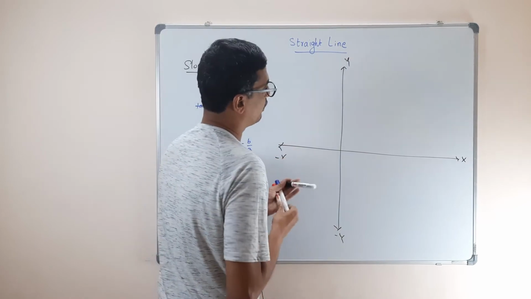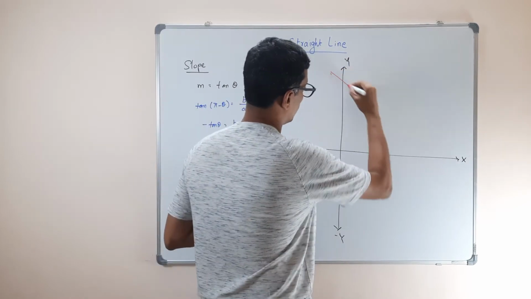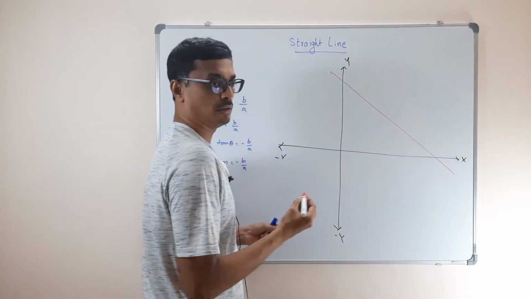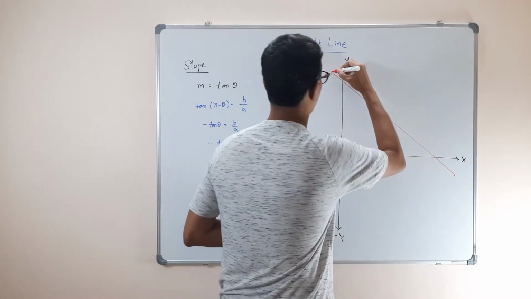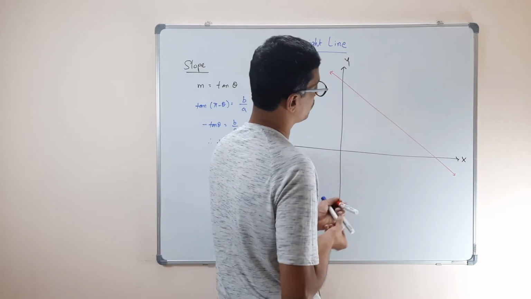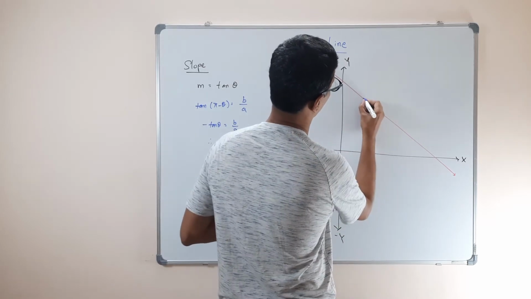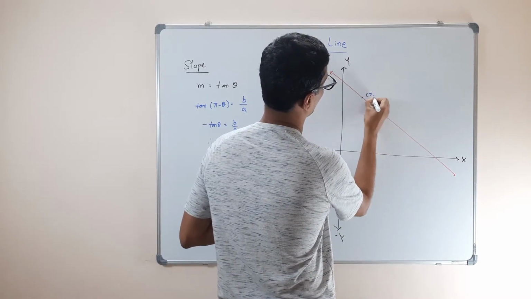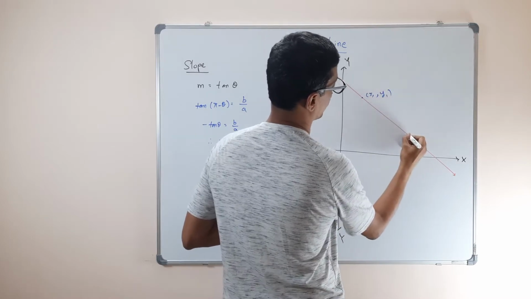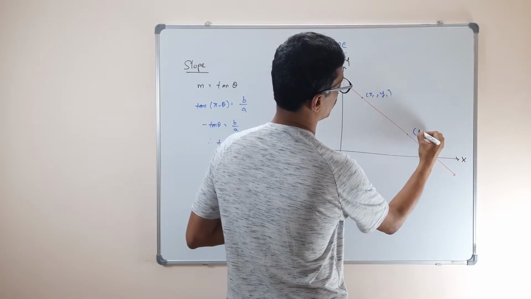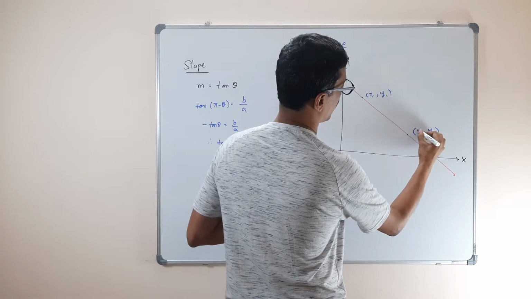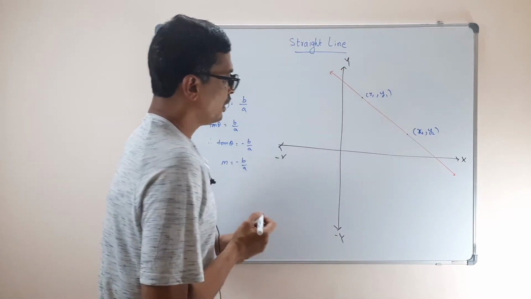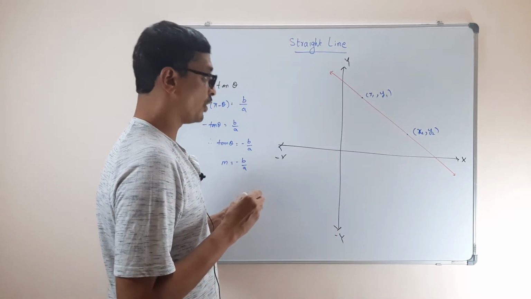We will draw a straight line like this. I am going to give two points here: one point here, x1, y1, and another point here, x2, y2. Now we want to find out the slope of the straight line.